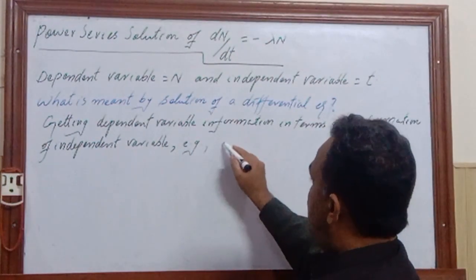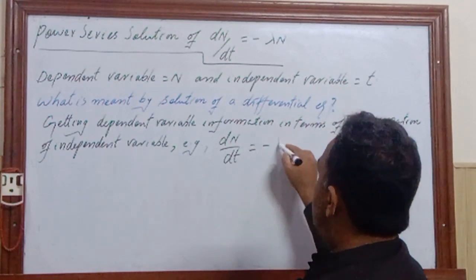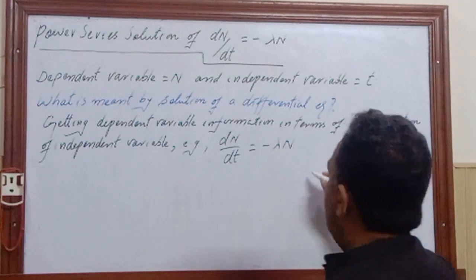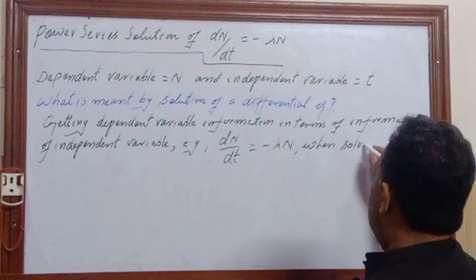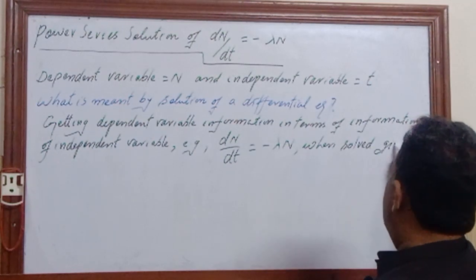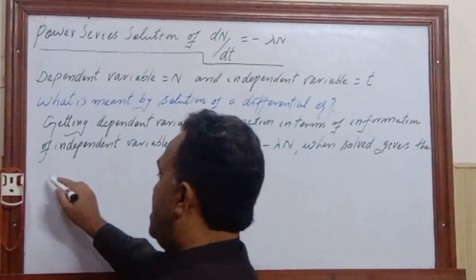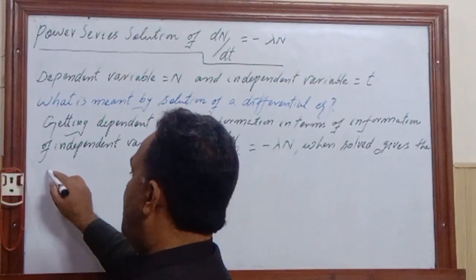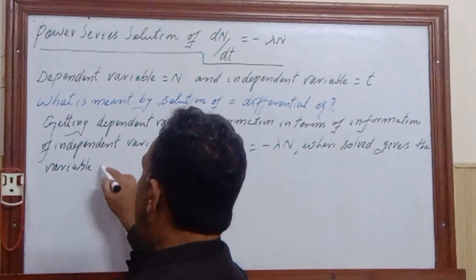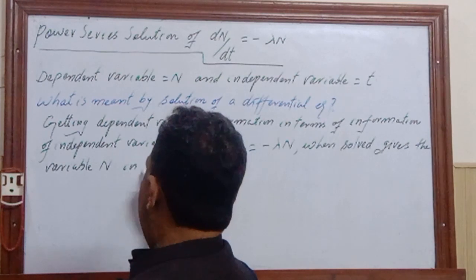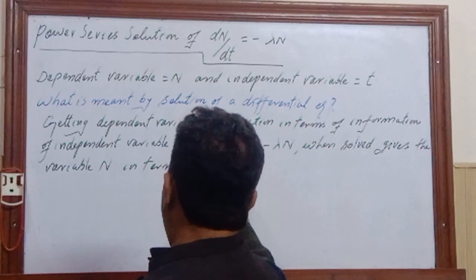For example, the solution of this one means dN over dt is equal to minus lambda N, and when solved gives the solution, the variable capital N in terms of t.